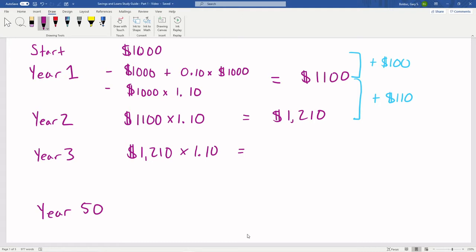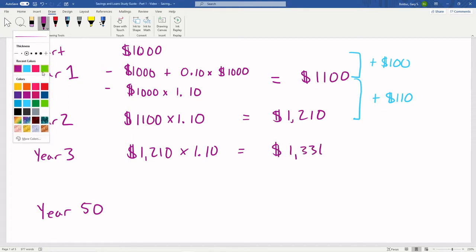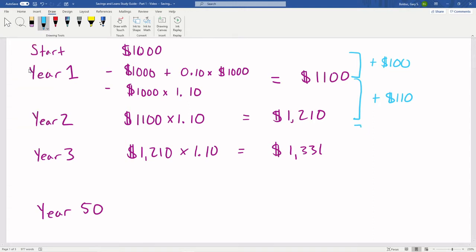Okay, 1210 times 1.10, I now have $1,331. And just for consistency, we can go here and say, well, did it work? Did we actually get more money this time? And so when we type this in, we can just do the difference of these two, and we actually now got $121 more.